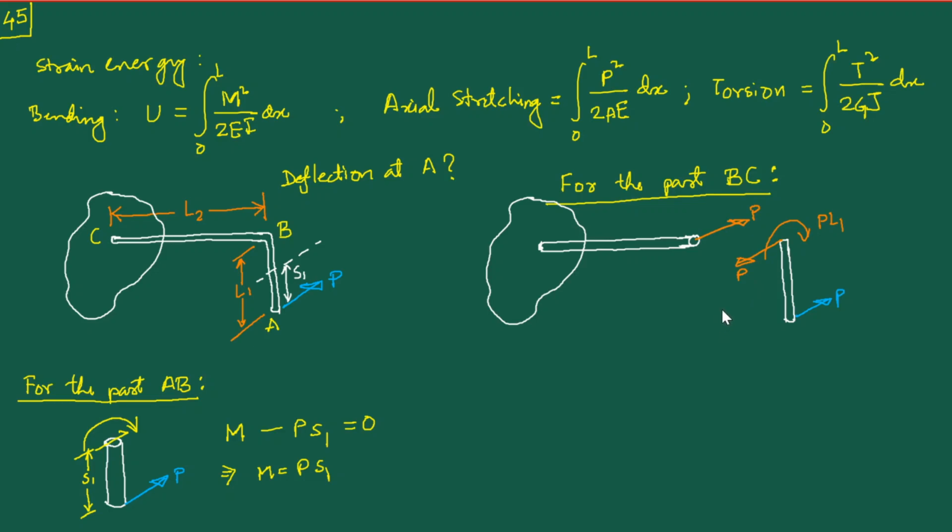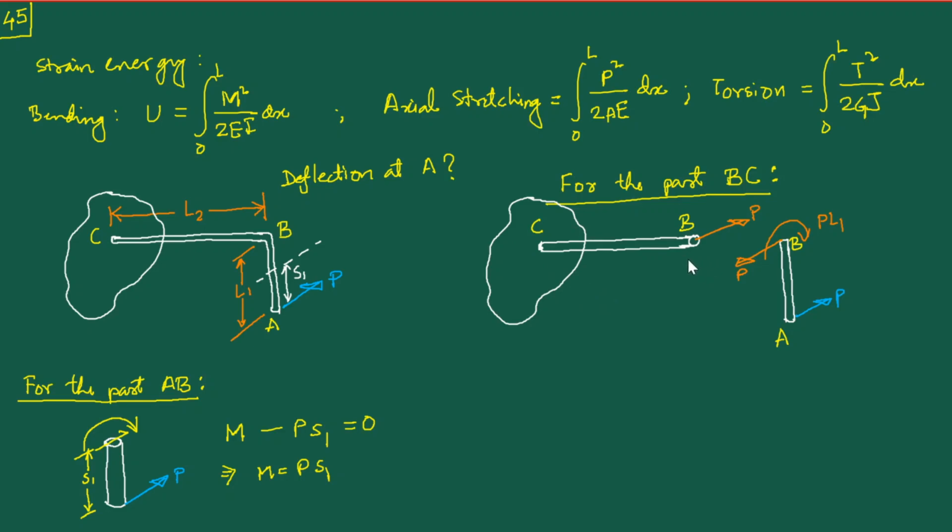Next, what is the influence of this P over here? It is again this PL1, but you note that this PL1 is not like a bending moment for this part BC. Rather, just to clarify, this is the entire part AB I am considering, and this is the entire part BC I am considering.